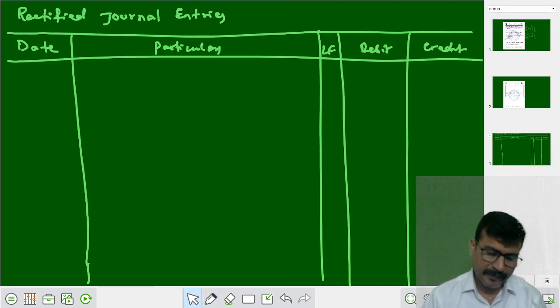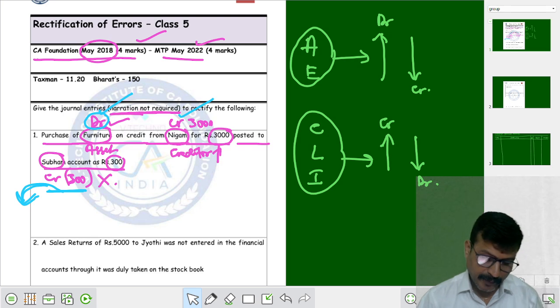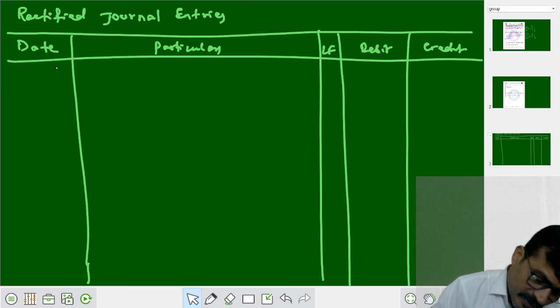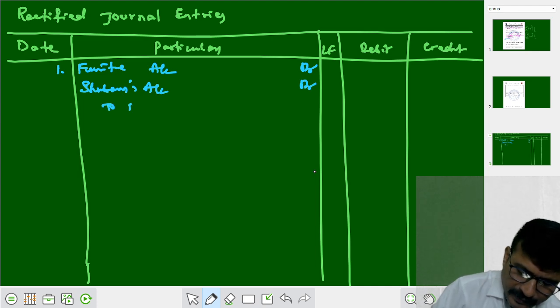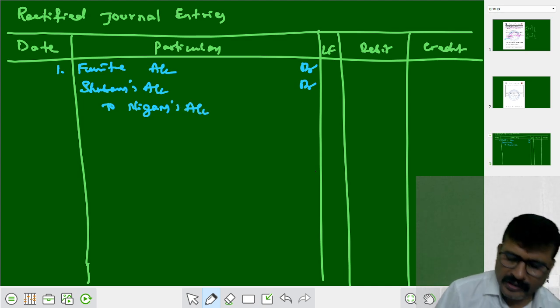Now let us write the first entry. It is the first point, right? Now your entry will be furniture account debit, Shubham's account debit, to Nigam's account.